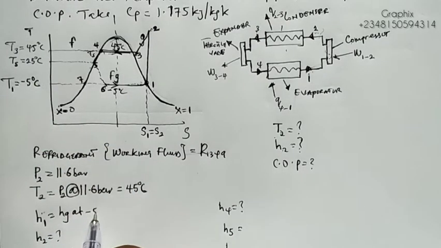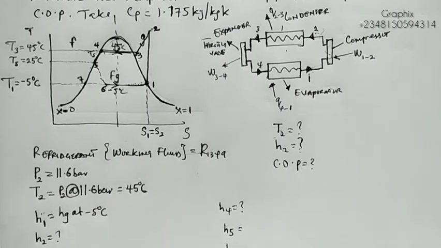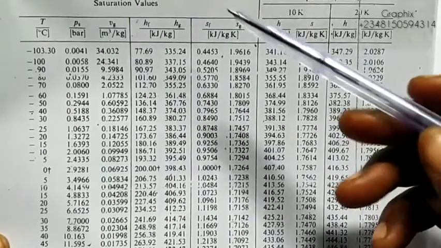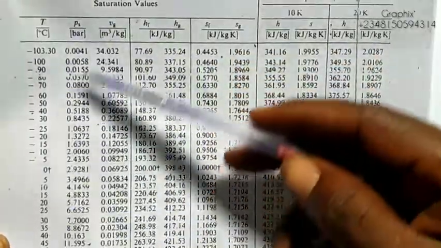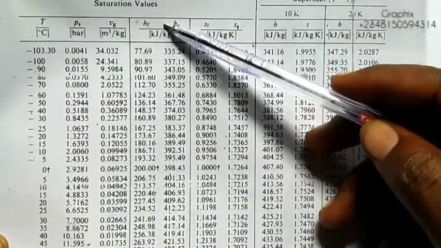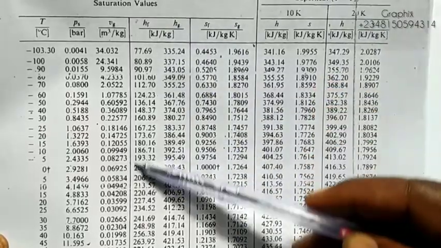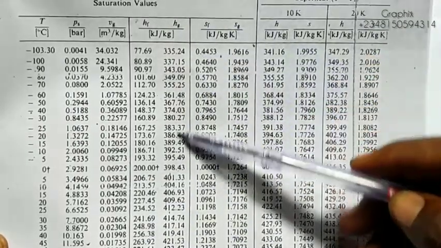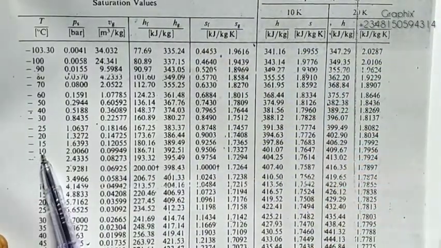So it will be Hg at -5 degrees Celsius. I'll go and check my steam table and look for Hg at -5 degrees Celsius. If you look at it very well, this is temperature, pressure, specific volume, this is enthalpy Hf, and this is enthalpy Hg. So go and check -5.